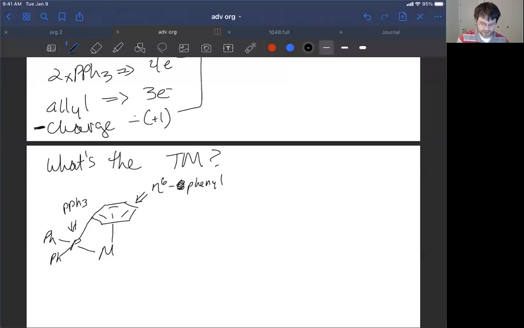I guess it's not a benzene, it's a phenyl substituent. And then let's go over here with a PR3. It's a P-cyclohexyl, but I don't want to put that and just have it bother you. And then an H down here. Okay. And we are overall +1 charge. So what's the TM? Here are the rules. We're at 18 electrons. Electrons equals 18.